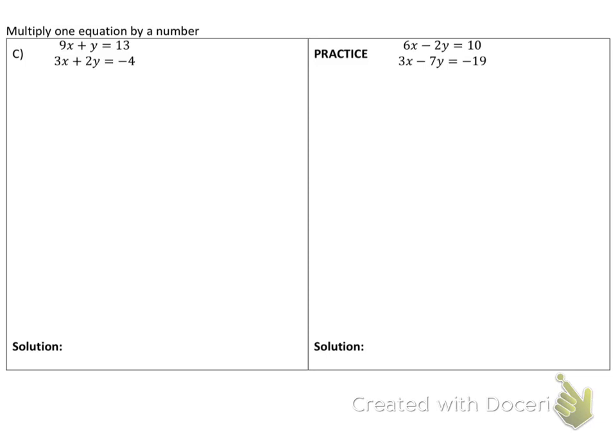So like if I said I want to eliminate the x's, then I'm going to look at my two x coefficients. I've got 9 and I've got 3. And so I got to ask myself, well, what number do 9 and 3 both go into? They both go into 9. So I can make the coefficients both become 9.